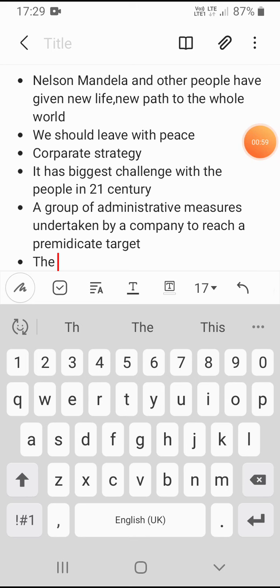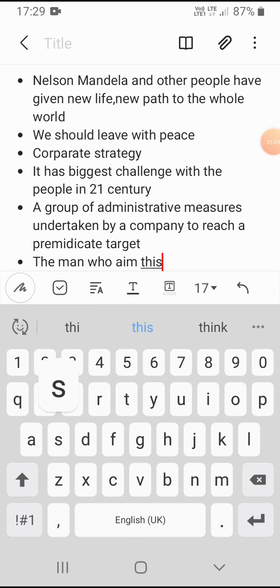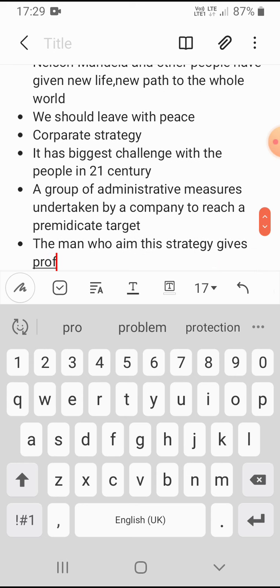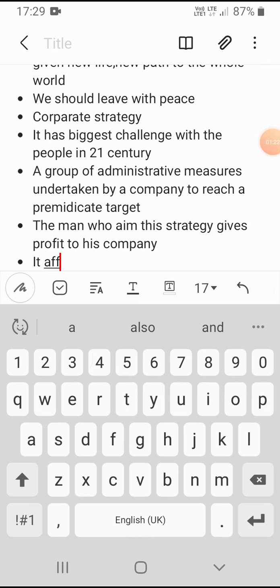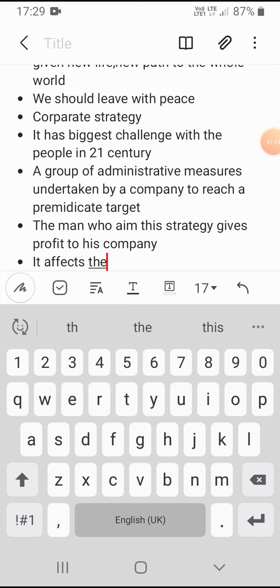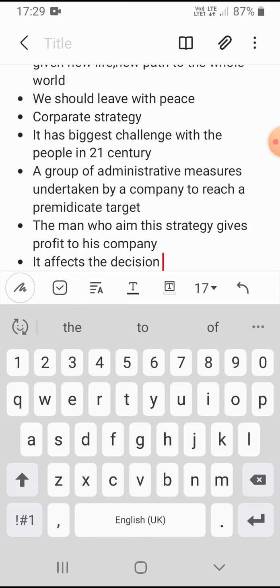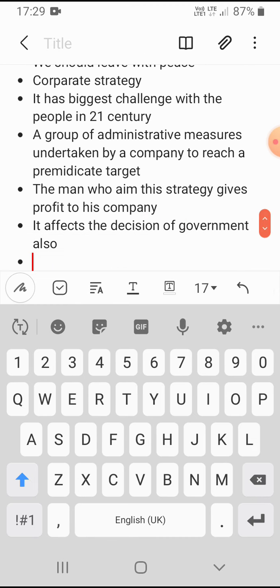So the man who aimed this strategy gives profit to his company, because his company gets profit from this strategy. It affects the decisions of government also, because there may be some change.